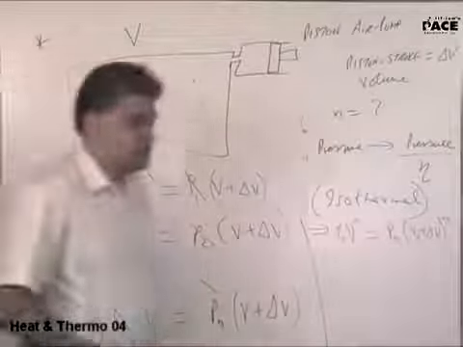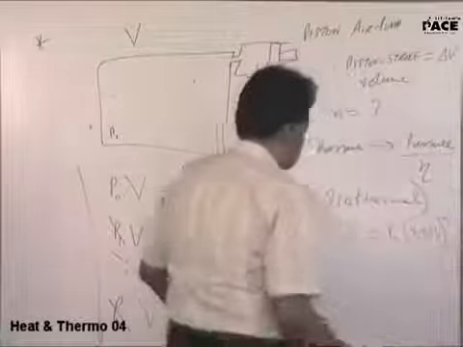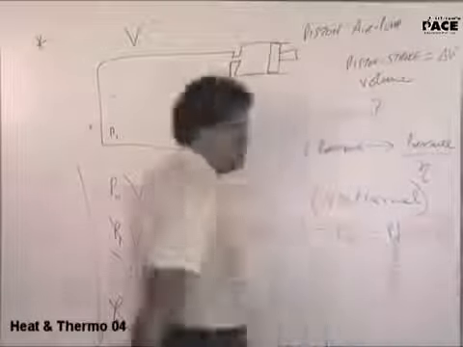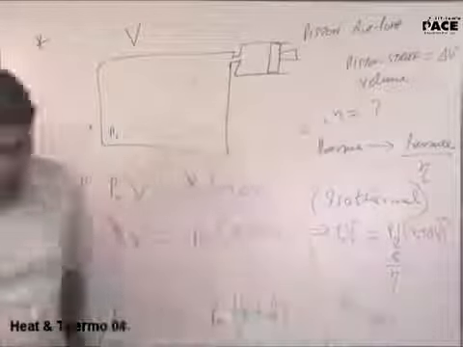And you are saying that pressure should go down by eta times. That means this final pressure should be P naught by eta. Solve for n, that's your answer.